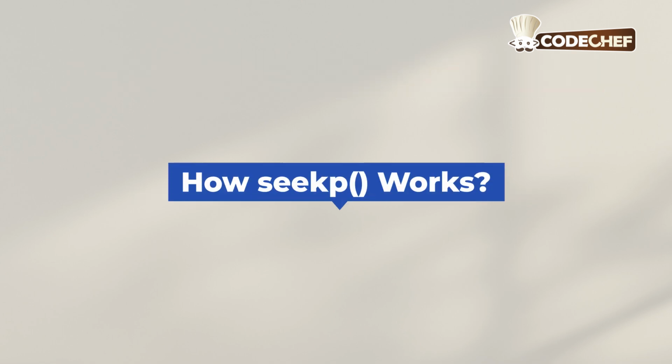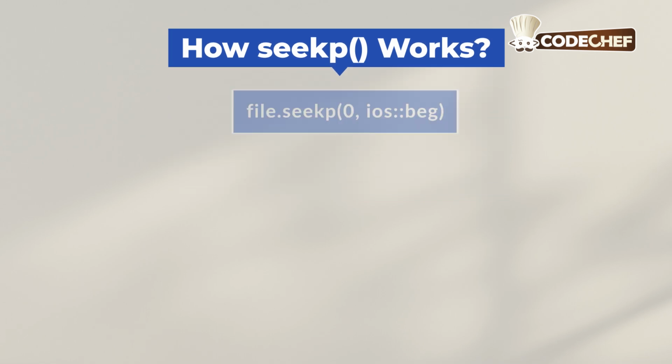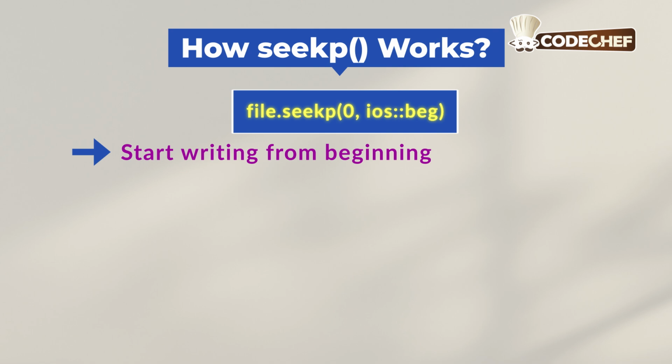Now how does seekp work? If we write the syntax file.seekp, then inside the bracket we write 0, ios::beg, and close the bracket. Then it will start writing from the beginning. BEG here stands for beginning.